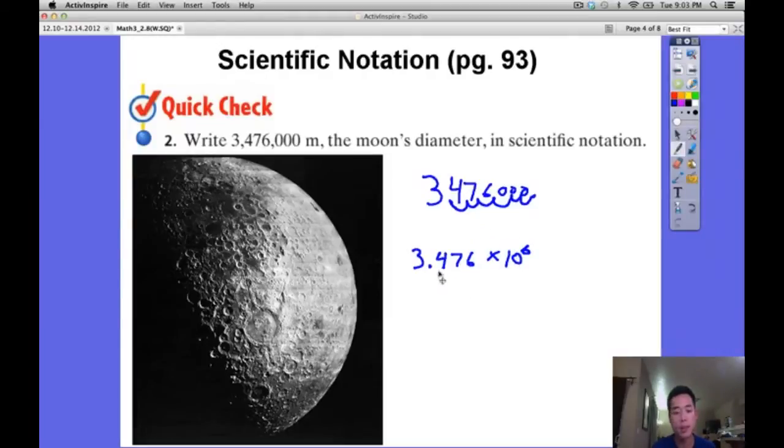What I meant earlier is that the digit in the ones place has to be between 1 and 9. If I got something like 3.3476 times 10 to the 7th, that wouldn't work, because I need one number right here designating the ones place.